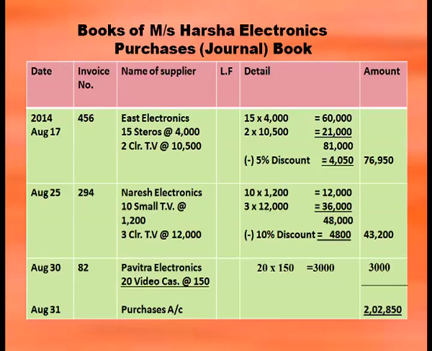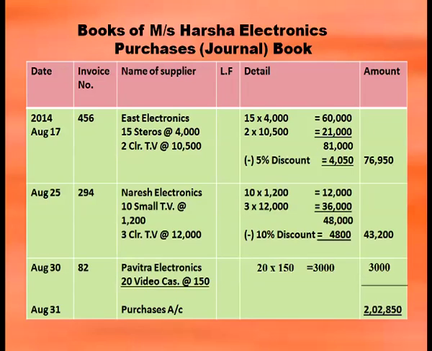So, 3 into 12,000 gives 36,000. So, 12,000 plus 36,000 will give you 48,000, less trade discount 10%, 48,000 into 10 by 100 will give you 4,800. 48,000 minus 4,800 will give you 43,200.